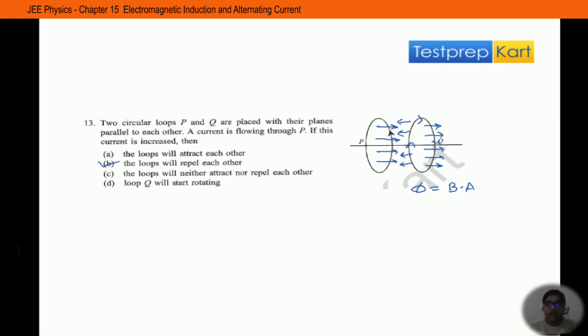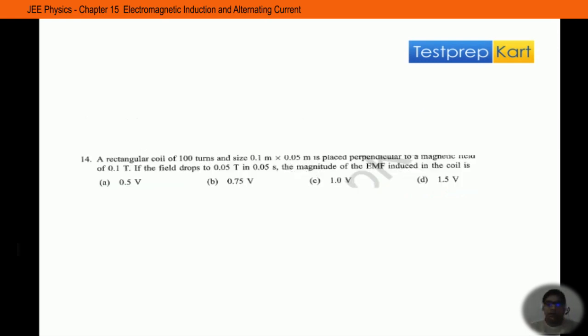Now let's see next question, question number 15. It is saying a rectangular coil having 100 turns, size 0.1 meter by 0.05 meter, placed perpendicular to a magnetic field of 0.1 Tesla. If the field drops from 0.1 to 0.05 in 0.05 second, then find out induced EMF.